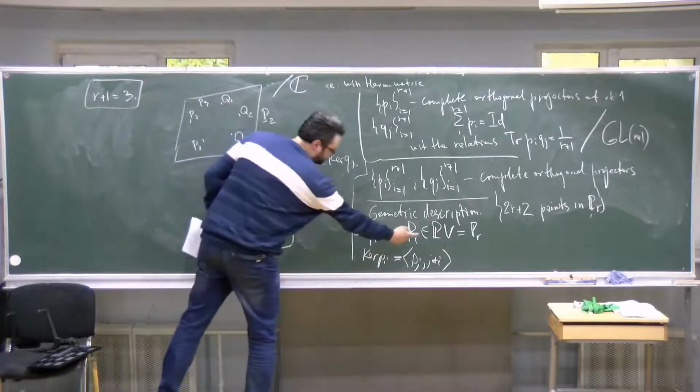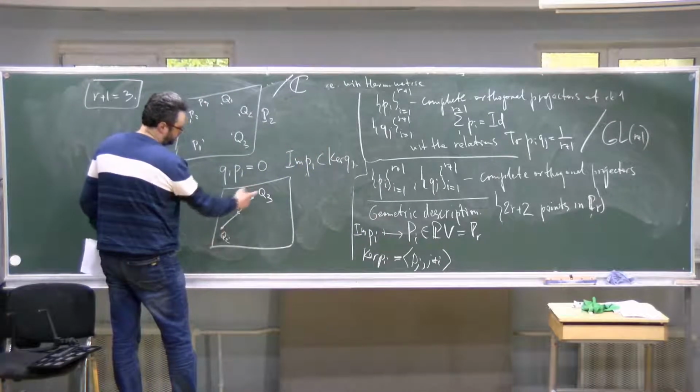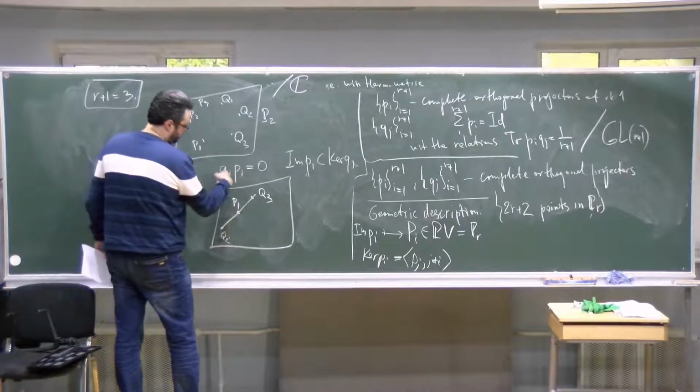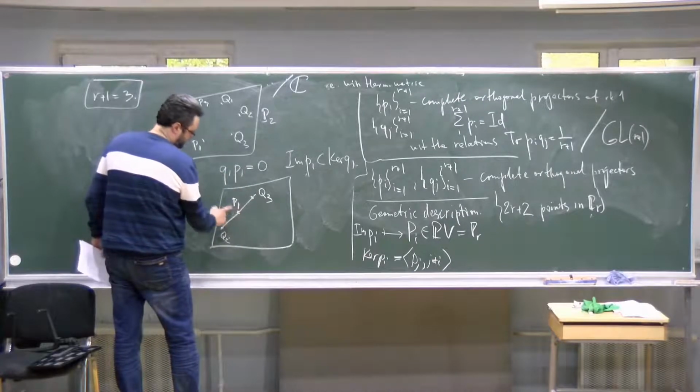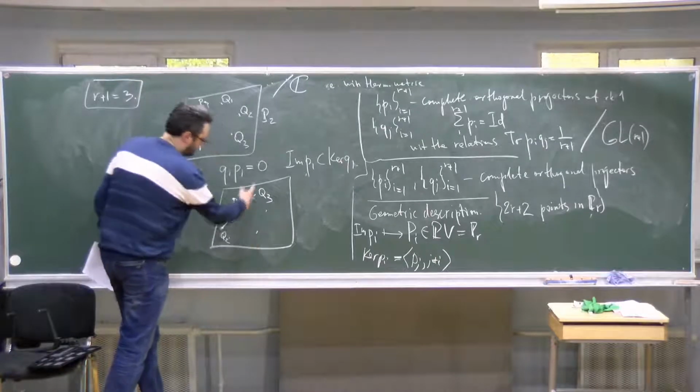The line through Q2, Q3 corresponds to the kernel of Q1, and this condition means that P1 is in this line.